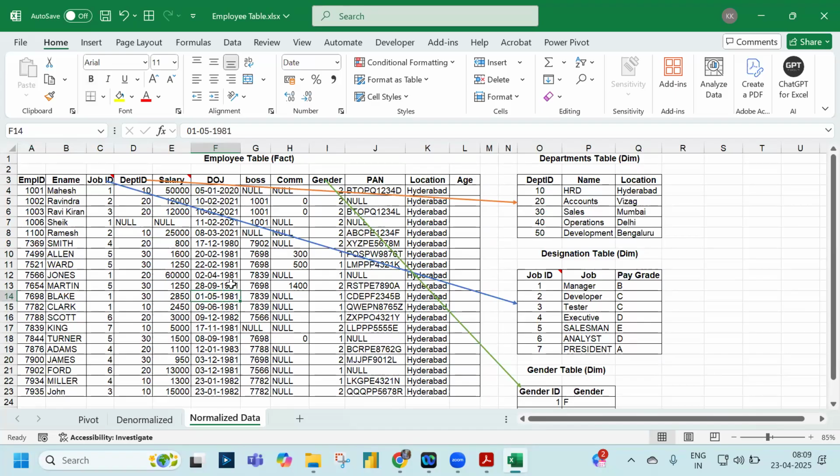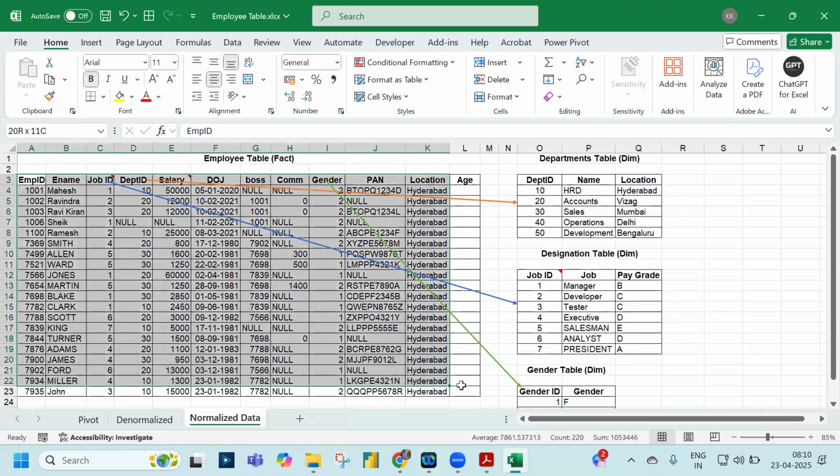What are the common columns you find in all these tables? Do you see the common columns between this dimension table and this fact table? Let's go one by one.